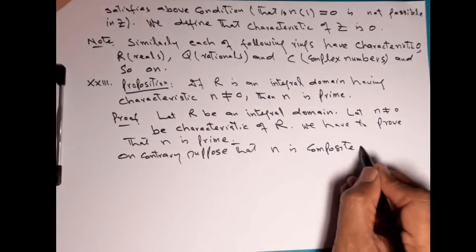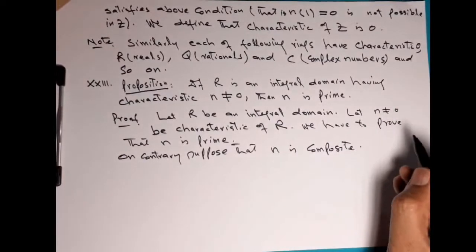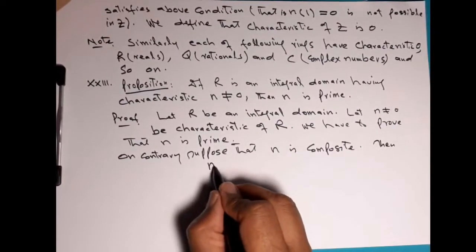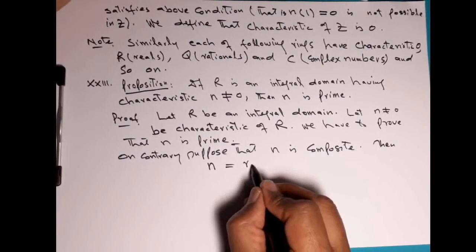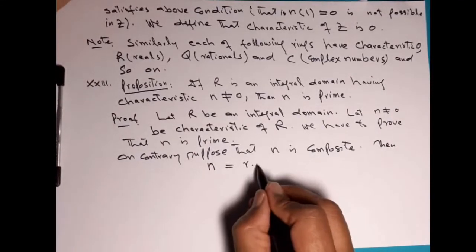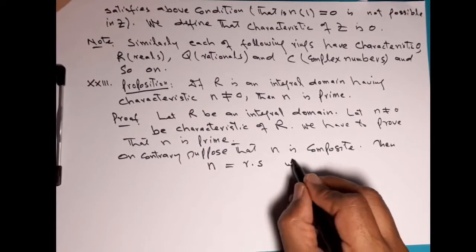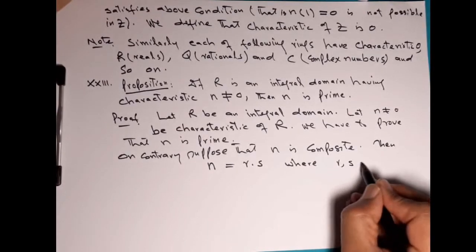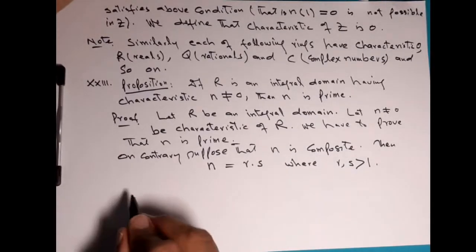You know what composite numbers are. 6 is composite because we can write 6 as 2 into 3. Then n can be written as R multiplied with S, where both R and S are greater than 1. So this is a property of composite numbers.